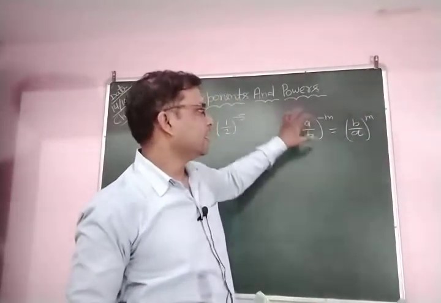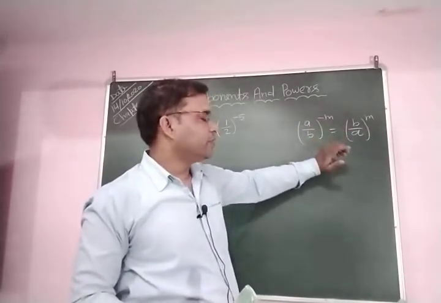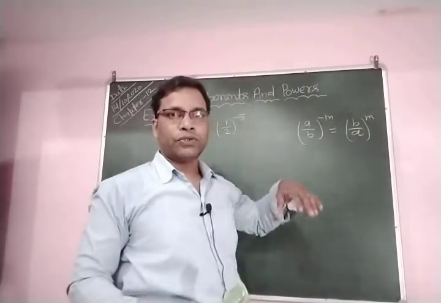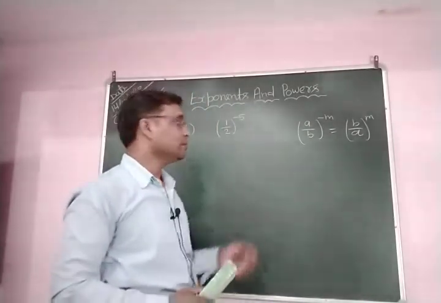You can see a by b power is minus m, but when you write its reciprocal, b by a, the power is plus. So you apply the same law to this given problem.